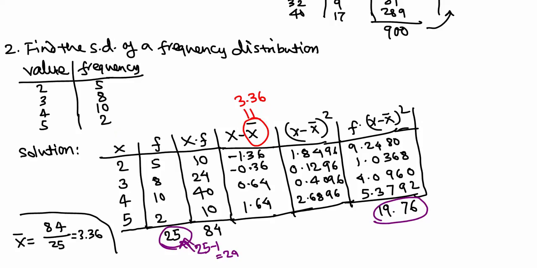So the standard deviation, which you can denote by s, is equal to the square root of 19.76 divided by n minus 1, so 25 minus 1, 24. Divide this by 24 and take the square root, so this is about 0.91. Final.